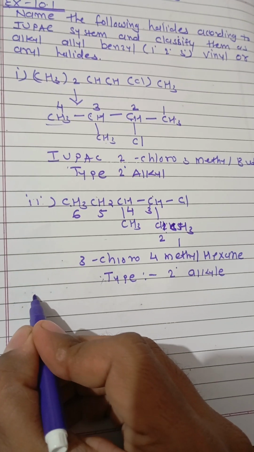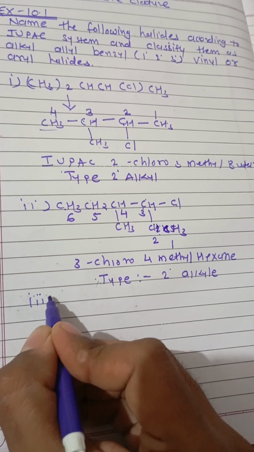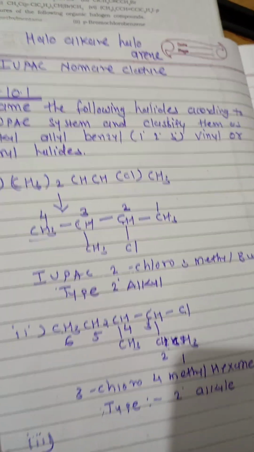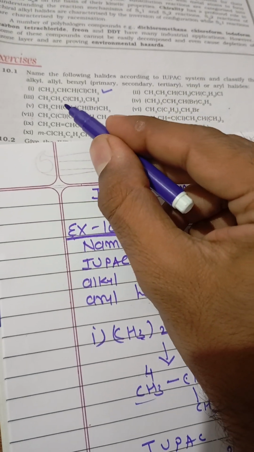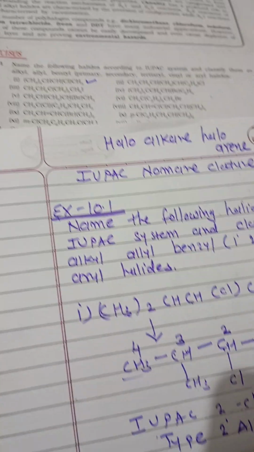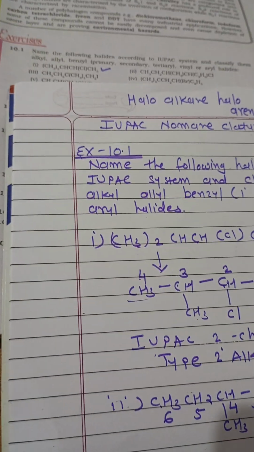Then the third example we have. In the third example, different kinds of groups are given to us. According to the textbook, the third example has a long chain of carbon which contains iodine. So how do we solve it?